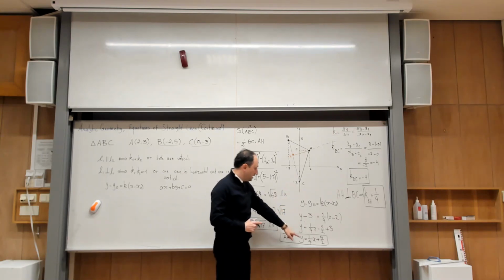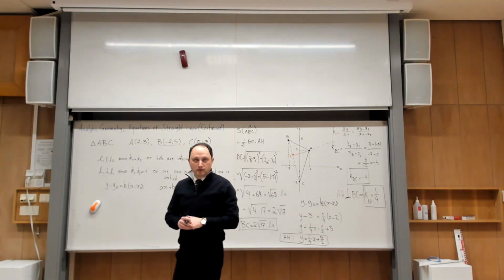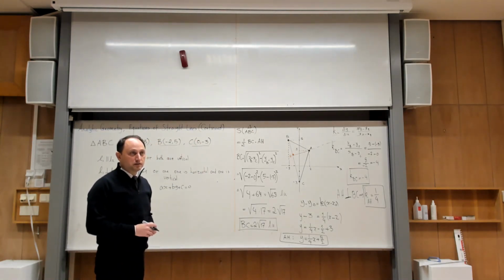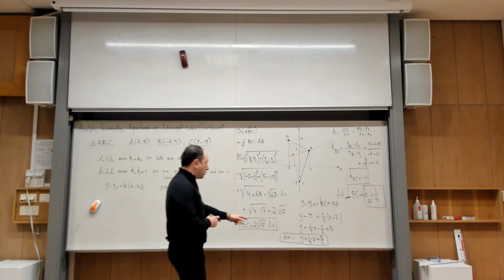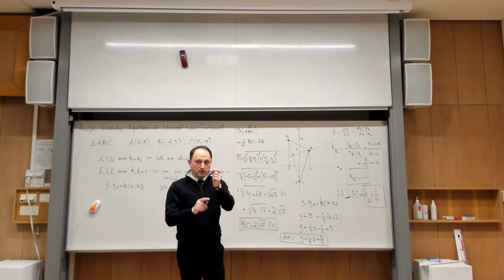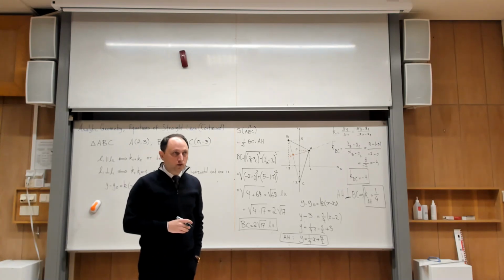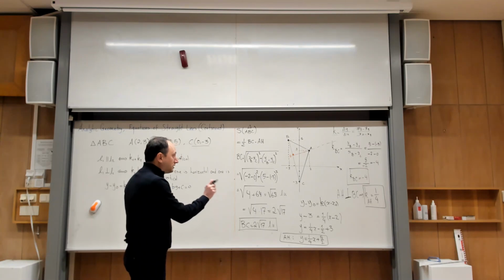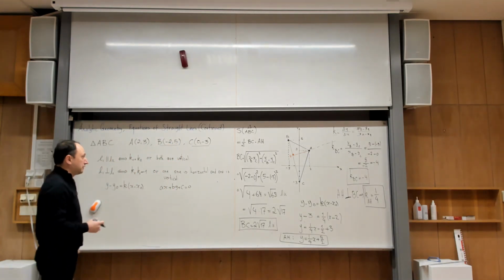One equation is the equation of AH. Then I am still in trouble because I don't know the equation of BC. So I find an equation for BC. I already know an equation for AH. I intersect them. The intersection point is exactly point H, and then I will be done, hopefully. That's a hard problem, but if you break it into parts, every part is understandable. So you should be able to combine them.